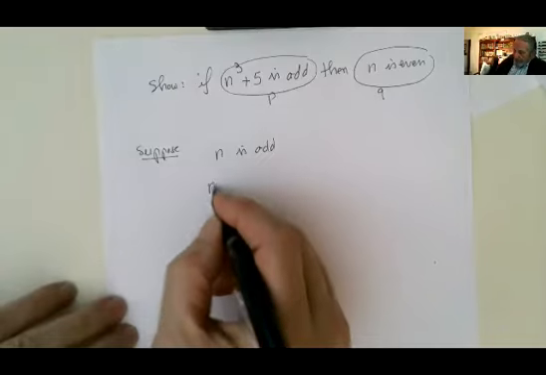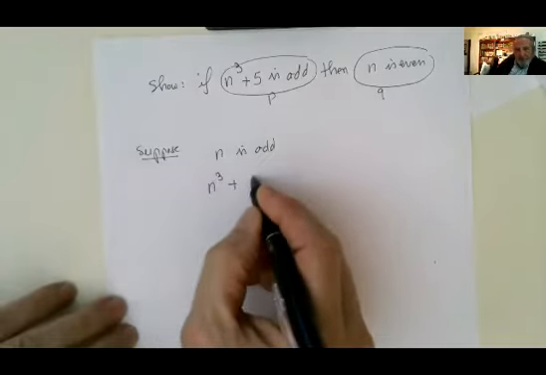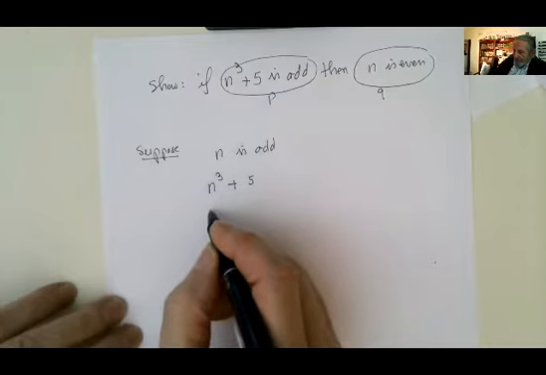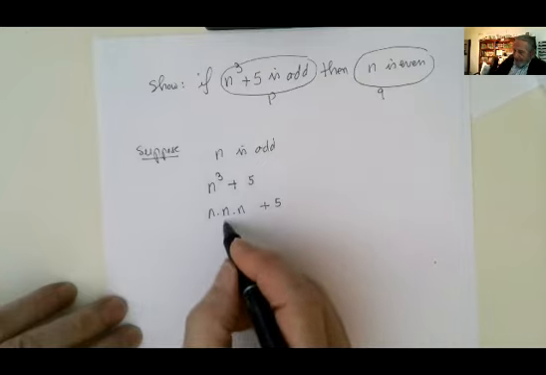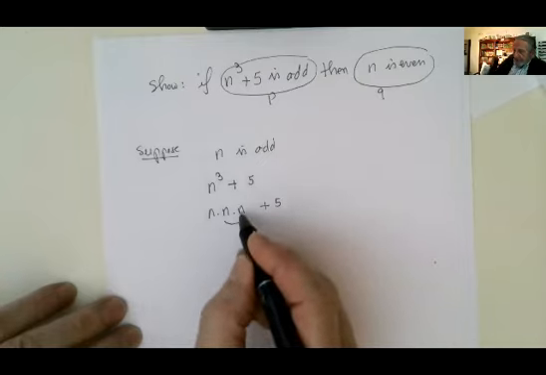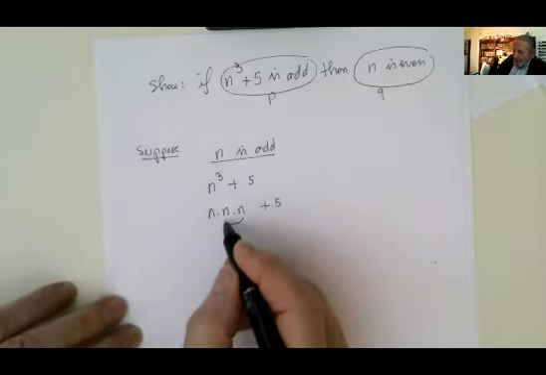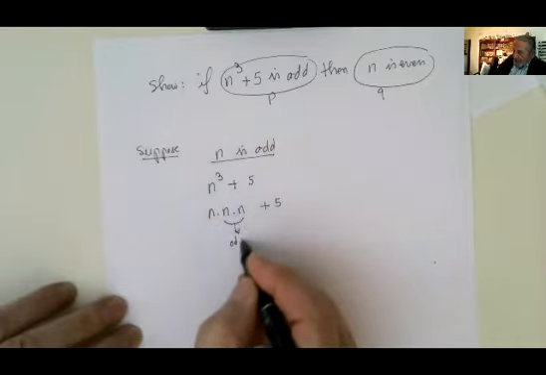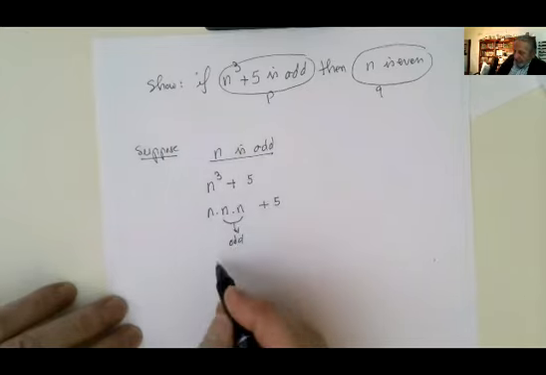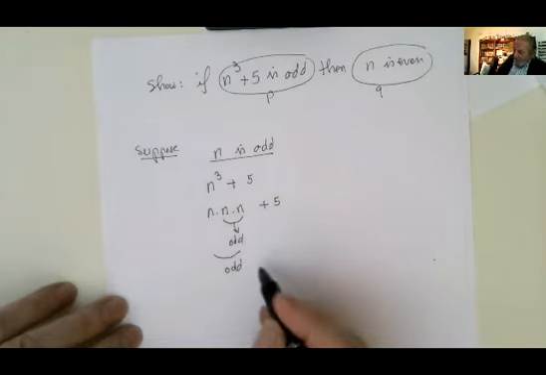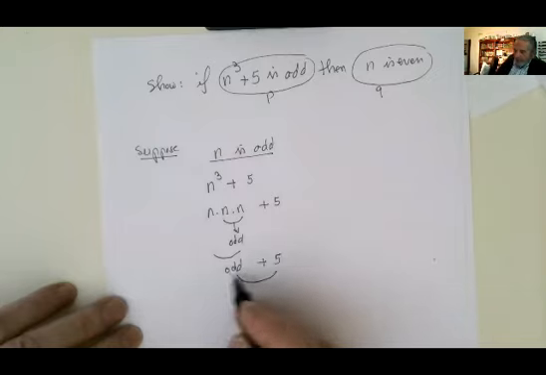Now, n cubed plus 5 is n times n times n plus 5. N is odd. That's what we're assuming here. So n times n will be odd. And see my previous video. Then this is odd, and then you multiply it again by n. That gives you an odd number. Then odd plus 5 gives you even.